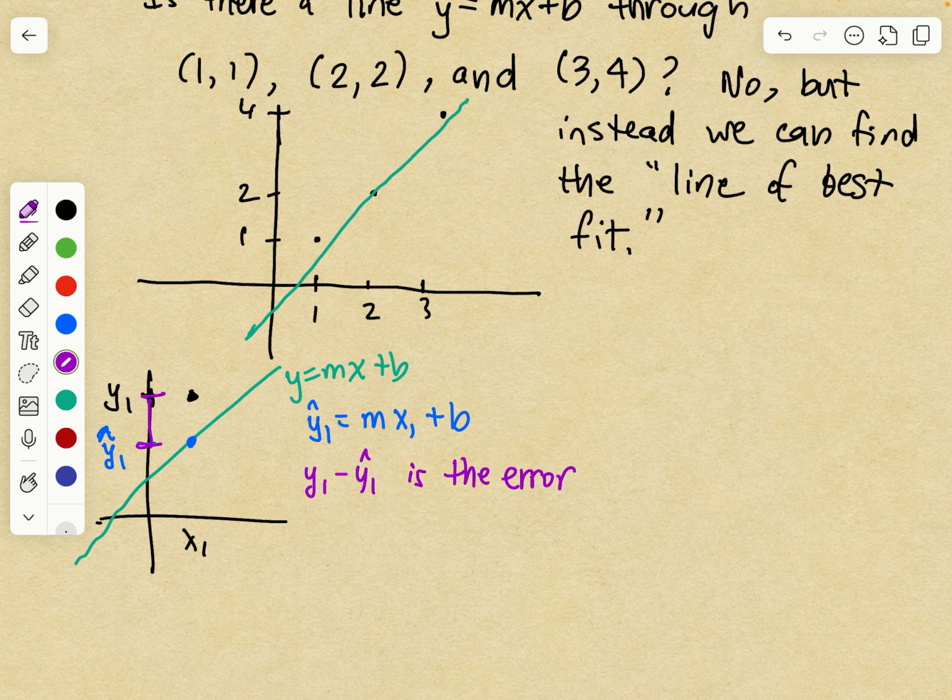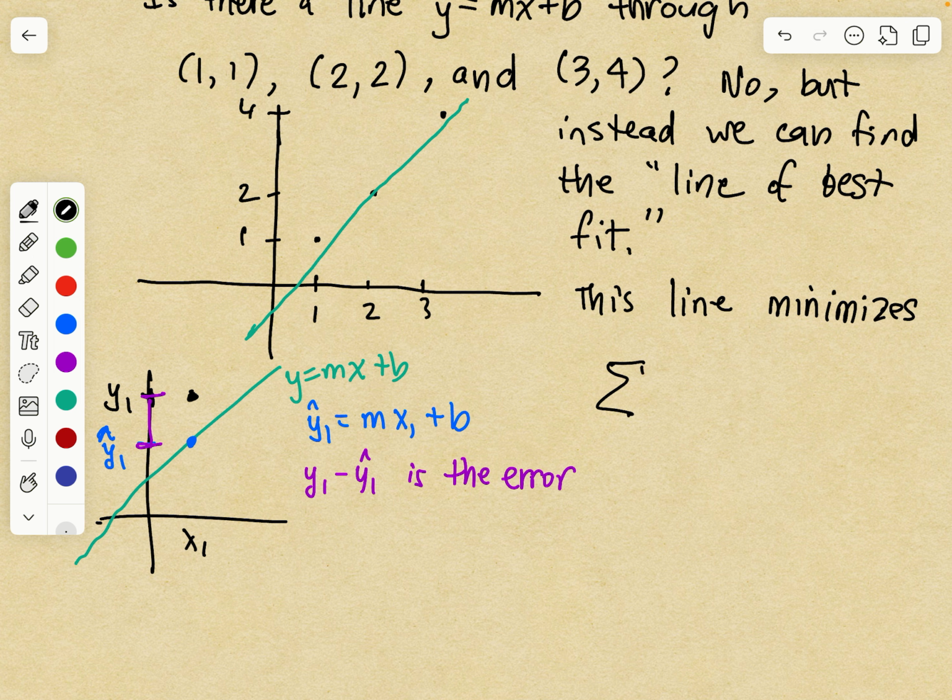Now, what we want the line of best fit to do is take all the errors and minimize the sum of the squares of the errors. So this line minimizes the sum. Let's say that you have n points.